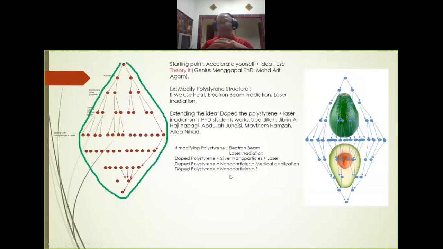Okay, now using this idea, we can see that how to finish your PhD is by looking at these green-like structures that resemble fruits. So for a fruitful PhD journey, your research work should look like this.